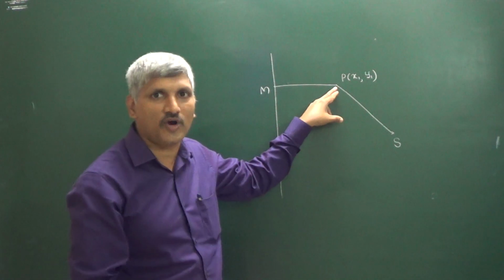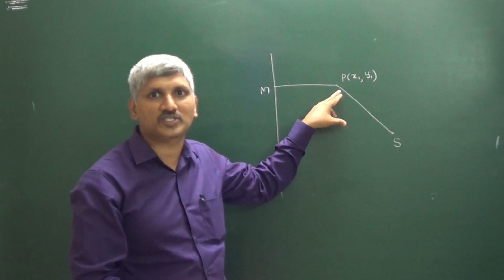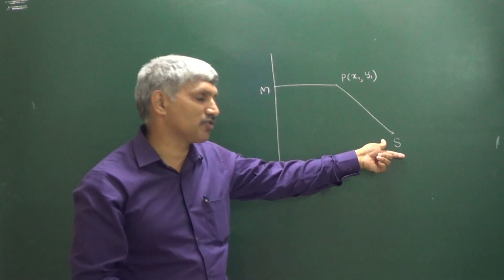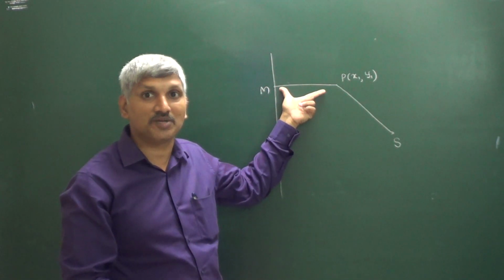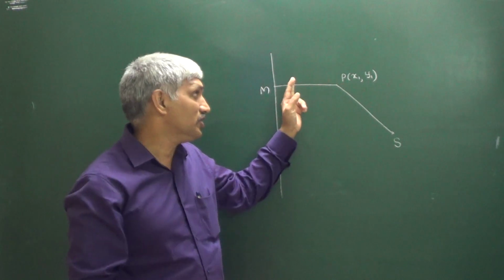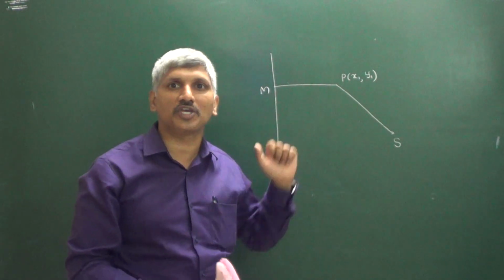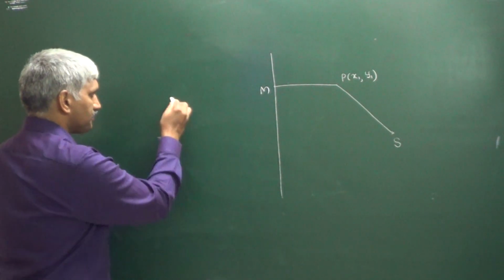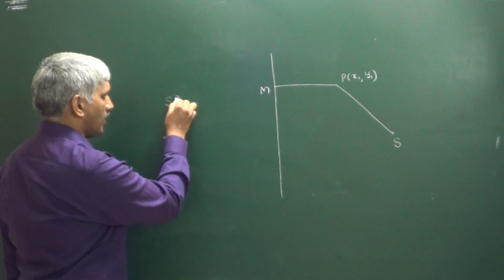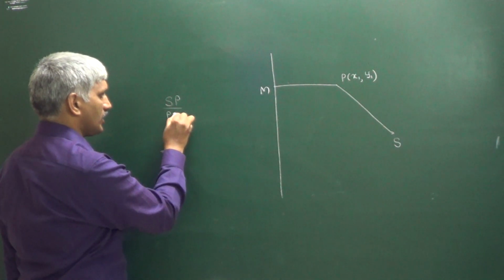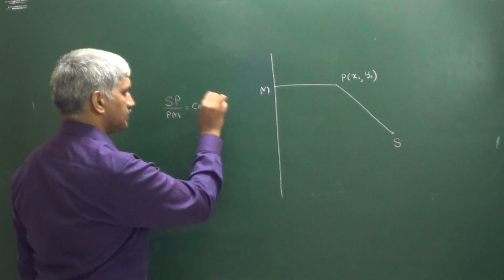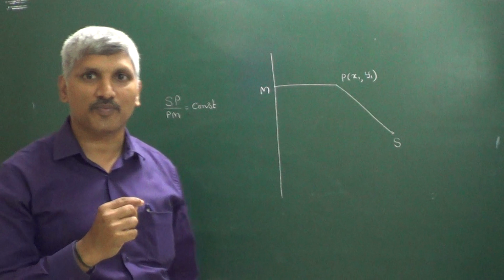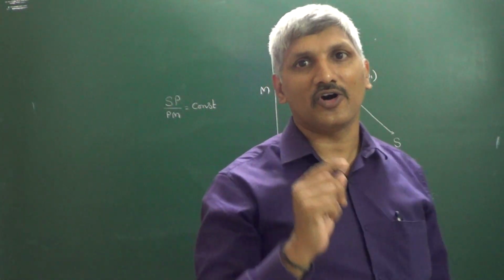For this moving point P(x1, y1), the distance to the fixed point and the distance to the fixed line, where distance means the perpendicular distance. The ratio of these two distances is constant, that is SP by PM equals a constant. Then the locus of the point P is called a conic.